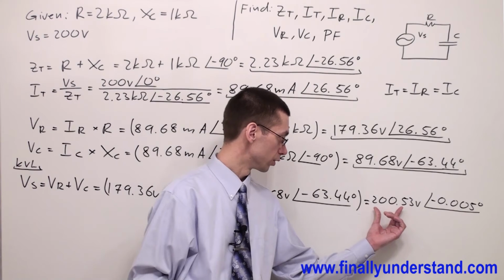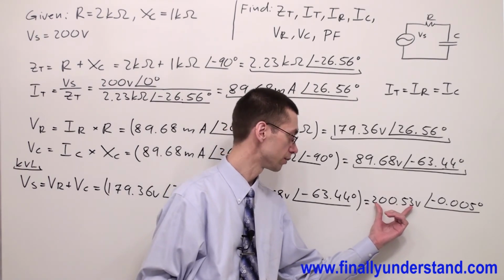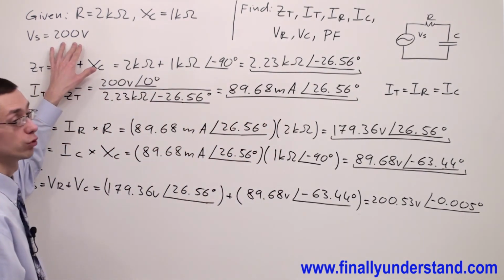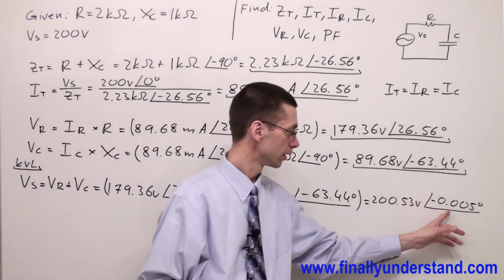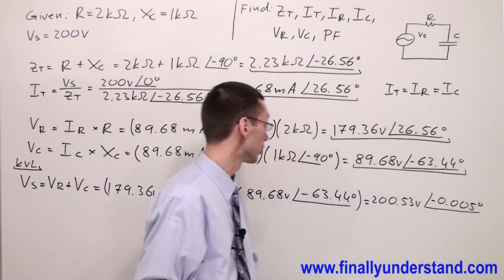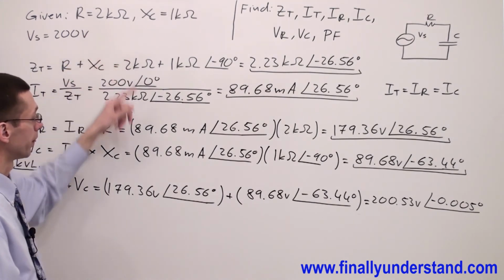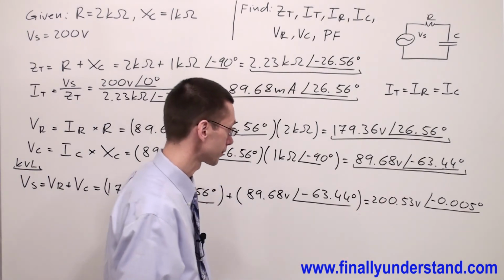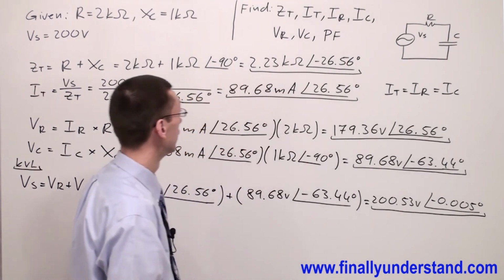So this value, 200.53 volts, is very close to 200 volts. And this angle, we can say this is 0. Because I had no given angle, it means there is an angle of 0. So I can say that the voltages which I found are correct. So up to this point, everything goes fine.